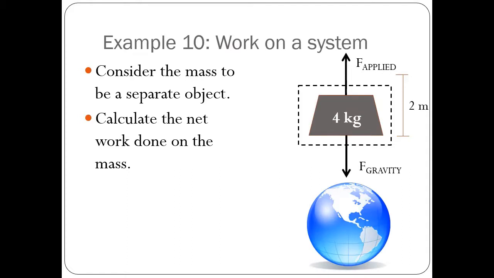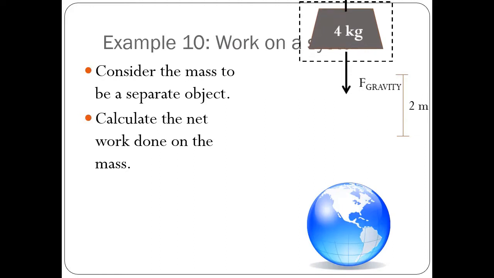Now, if we're going to move it up at a constant speed, then the force applied must equal the force of gravity. So we're not accelerating it, there's no net force. And so you could say, well, the net work done is zero.